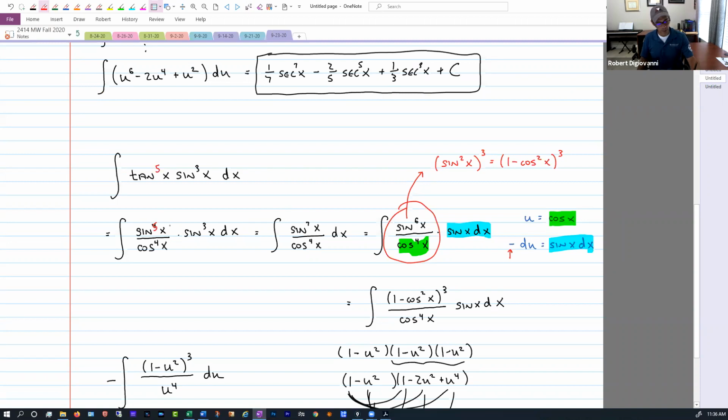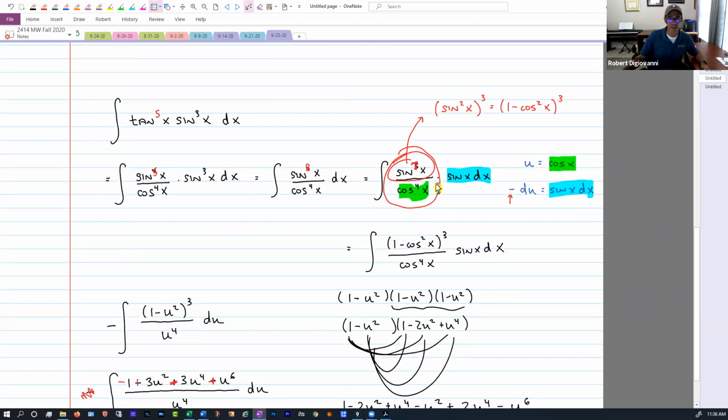And then when I got here, I would have had 8 here. And then when I peeled off 1, I would have had 7 here. And this sine to the 7th power, I could not have used the Pythagorean identity on because it's an odd power. So I can't rewrite that. And so I think I would have been stuck at this point. That makes sense?